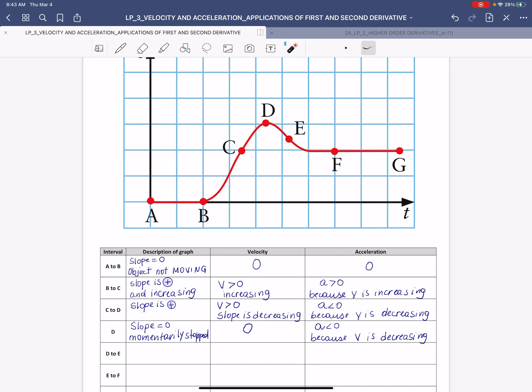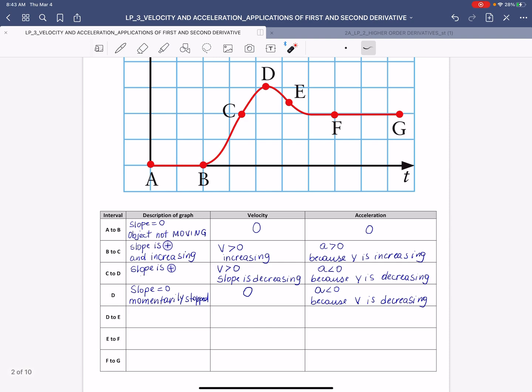Okay? Now, from point D to point E, which is our next interval, we're going to say that the slope of the tangent is negative. Now, let's take a look at negative, but what is the pattern?